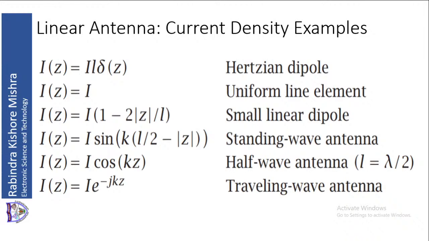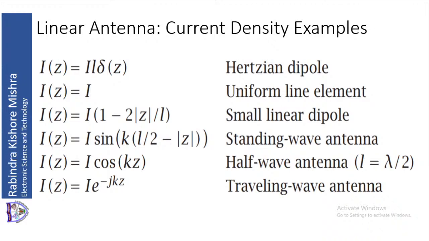Then absolute Z is equal to L by 2. So 2 into L by 2 by L. 2 into L by 2 is L. L by L is 1. So 1 minus 1 will be 0. So when Z is equal to minus L by 2, it is 0. Similarly, when Z is equal to L by 2, it is 0.